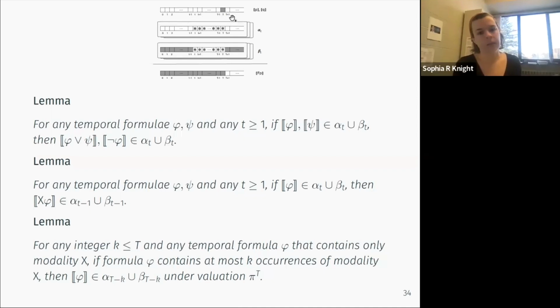The truth value is coming from it being built up of P and Q, and then each X you add adds one more step of the model that it can have variable truth values at. So you end up seeing the truth set for phi has to be in alpha big T minus K or beta big T minus K. Everything else has to be either true or false, no variation.